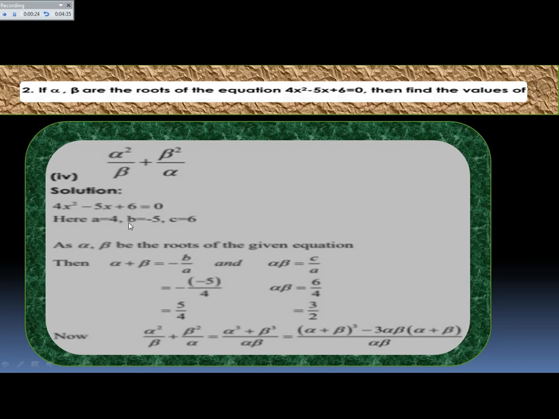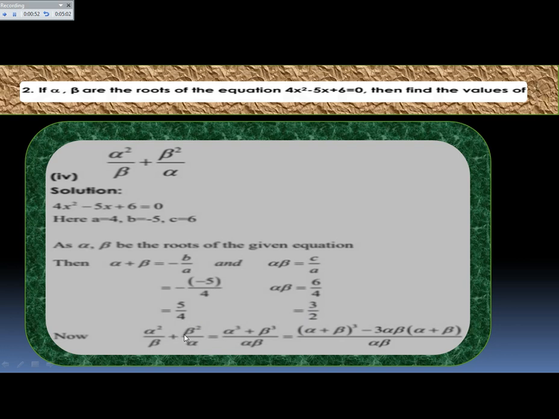Here a is equal to 4, b is equal to minus 5 and c is equal to 6. As alpha, beta are the roots of the given equation, the sum of the roots formula is minus b upon a: minus b value is 5 and a value is 4, so 5 upon 4. And alpha beta is c upon a: c value is 6 and a is 4, which simplifies to 3 by 2.